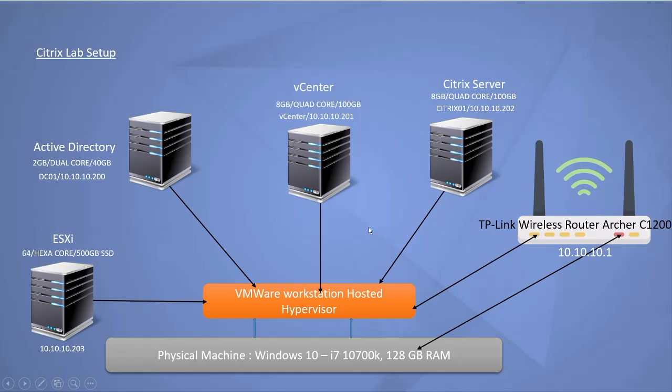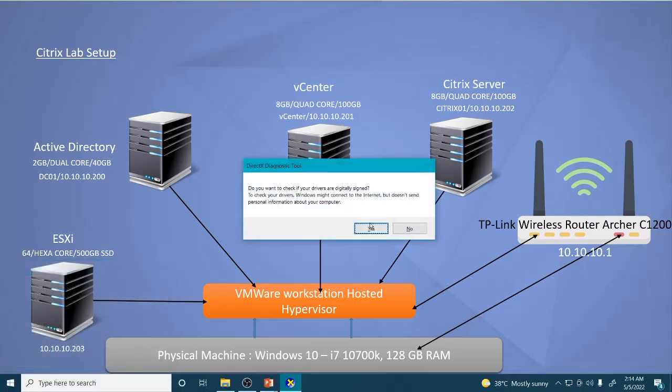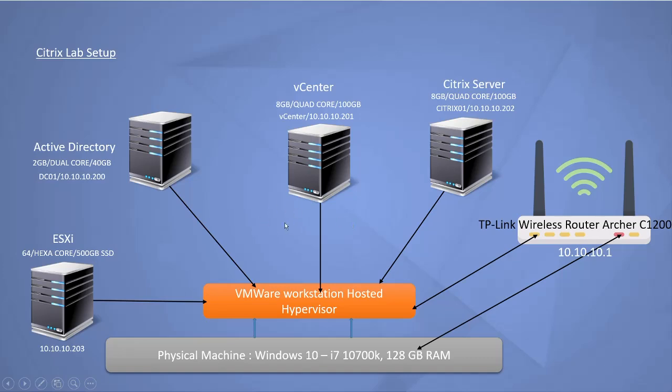I'm using a wireless router, and I'm giving that router a 10 series gateway. As you see on the physical machine, I have Windows 10 with an i7 10700K and 120 GB RAM. dxdiag is the command to see your machine configuration.